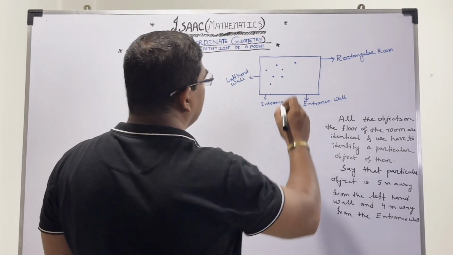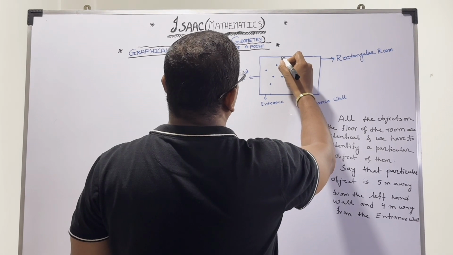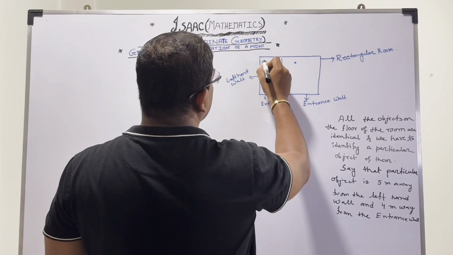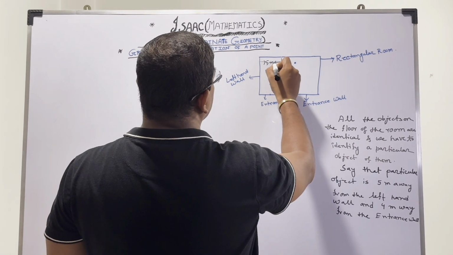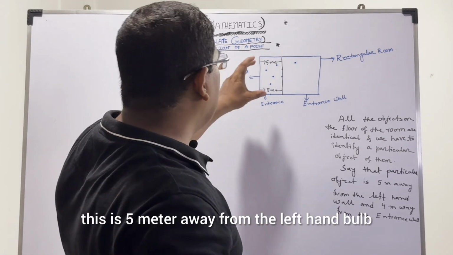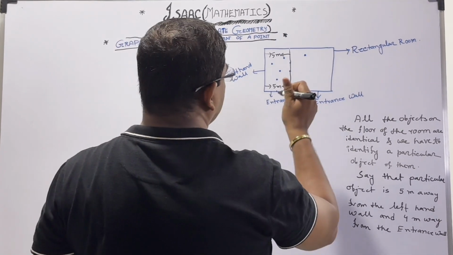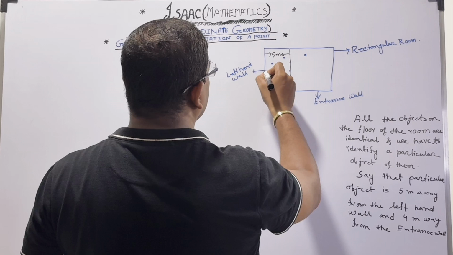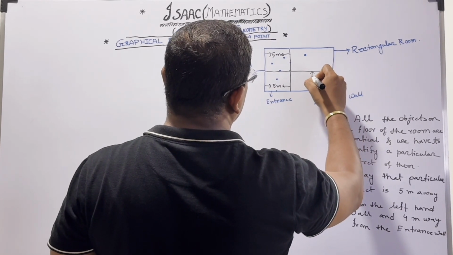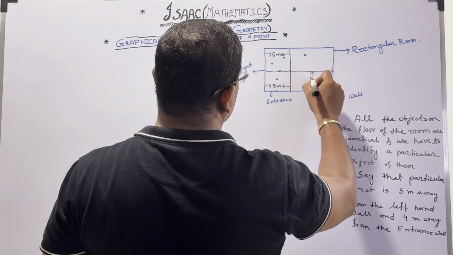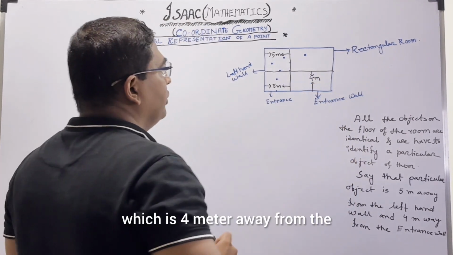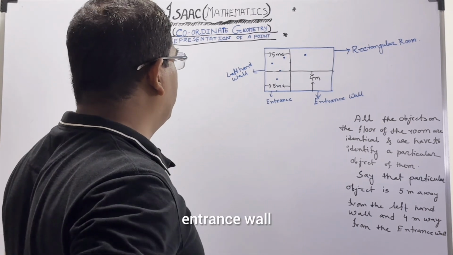So this is the line, which is 5 meters away from the left hand wall, and this is another line, which is 4 meters away from the entrance wall.